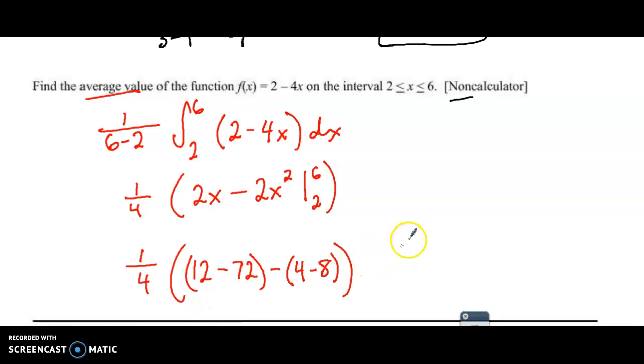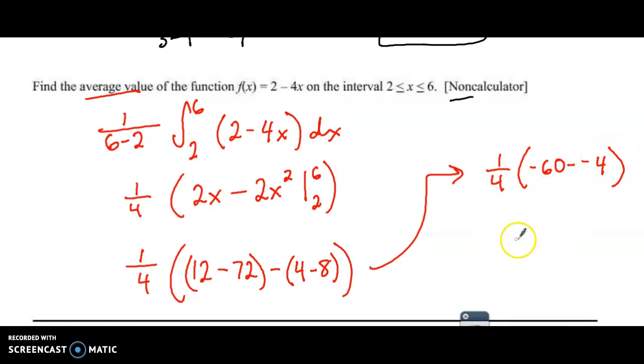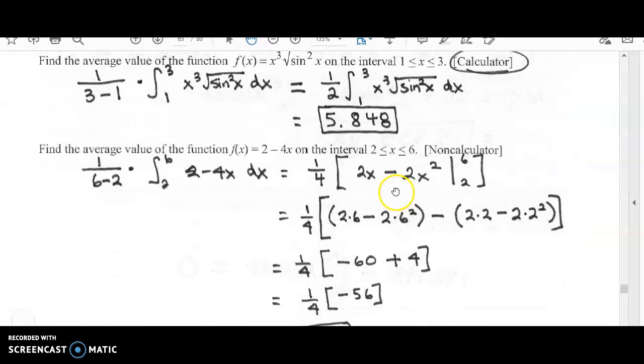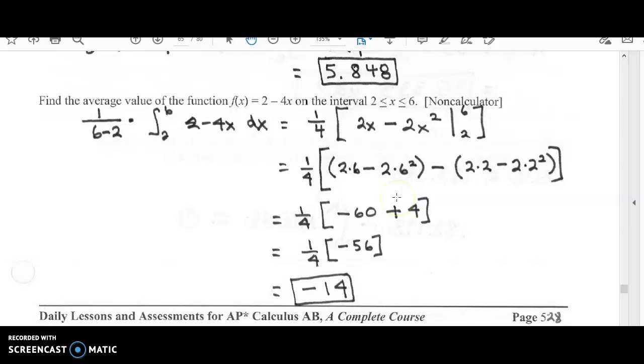We have negative 60 minus negative 4. So 1/4 of negative 56, if I'm doing my math right, would give me negative 14. And we'll double check that that's right. There we go.